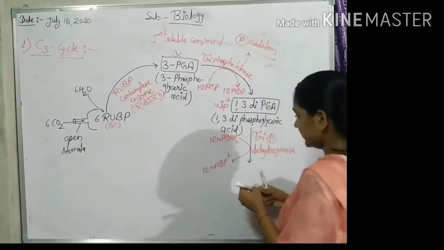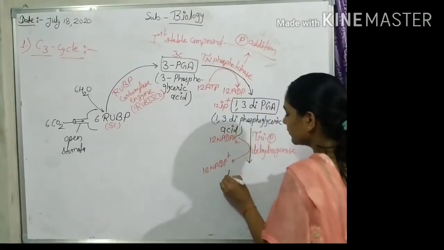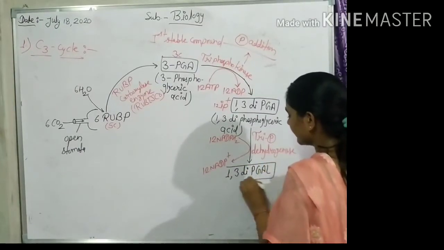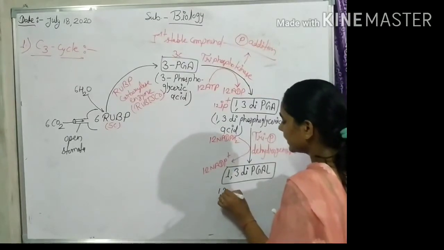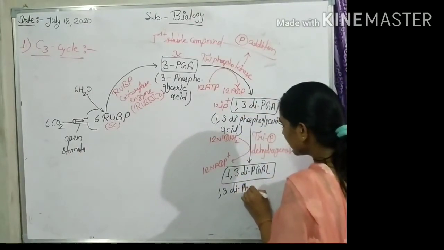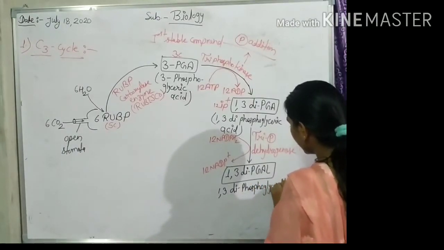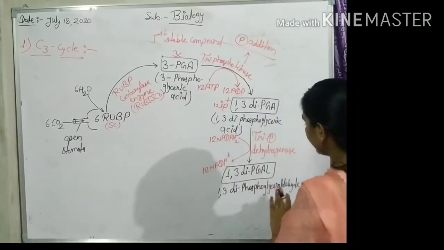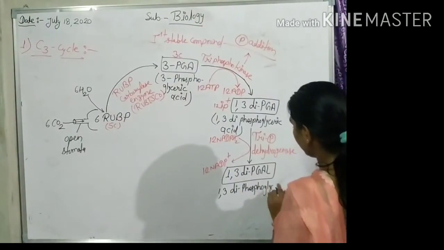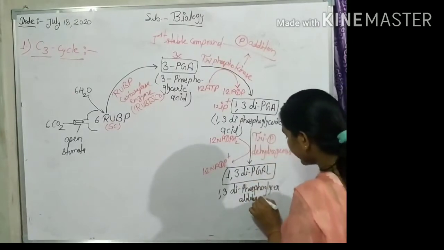Now 1,3-di-PGA converts into PGAL, phosphoglyceraldehyde. PGAL and PGA are different.